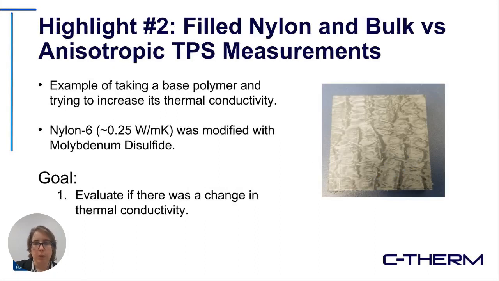As an example here, we're looking at a nylon that has been modified with molybdenum disulfide, and you can see a photo of the sample on the right-hand side there. The nylon base material has a thermal conductivity of about 0.25 watt per meter Kelvin.